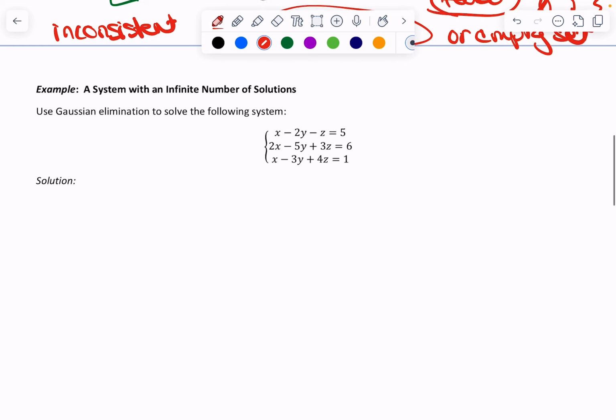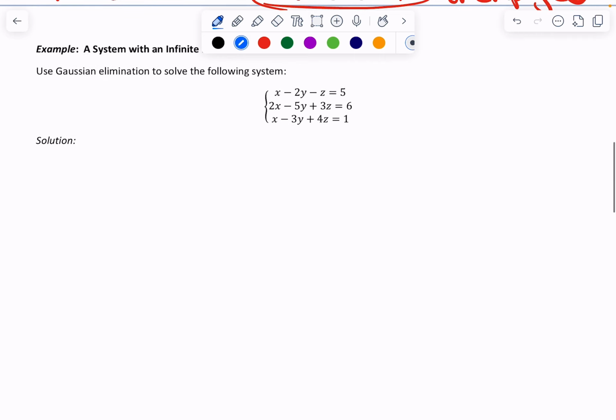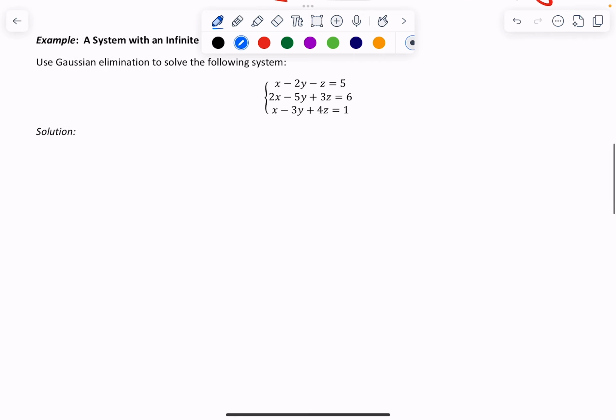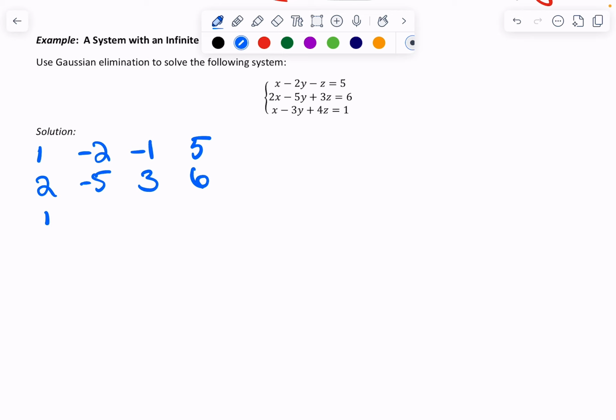Okay, next example is a system with infinite number of solutions. So we are again going to write our system as an augmented matrix here. One, negative 3, 4, and 1.